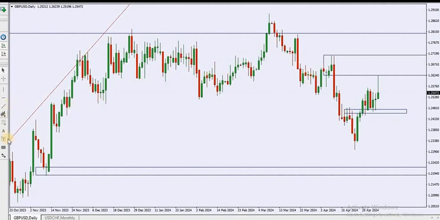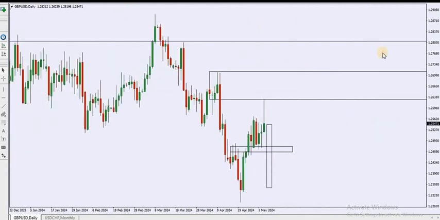So until the market breaks below this and confirms that daily is now a bear market, we are not allowed to enter. We are not allowed to enter because the market is always right. So until the market does that, we won't be able to enter.